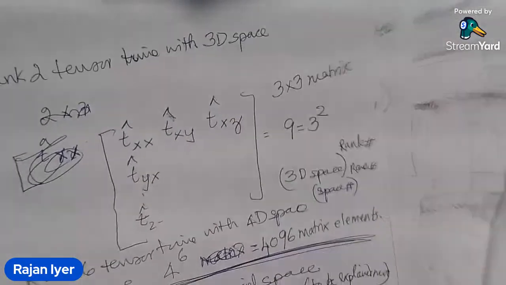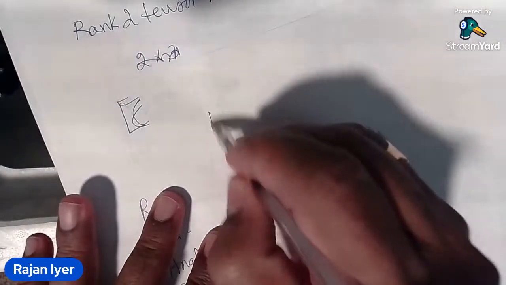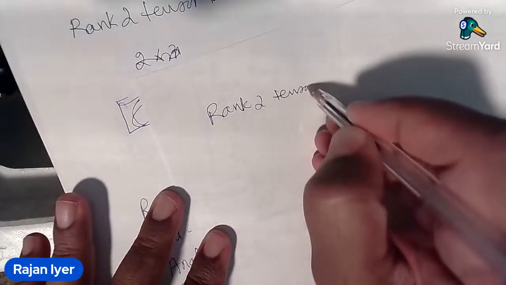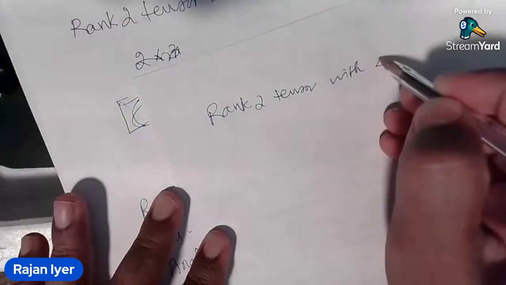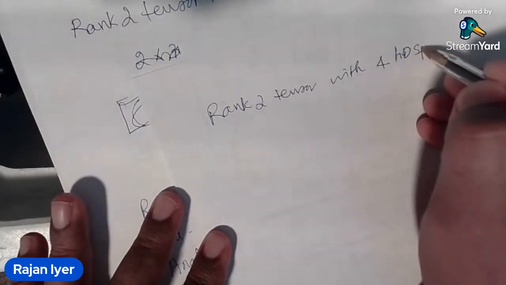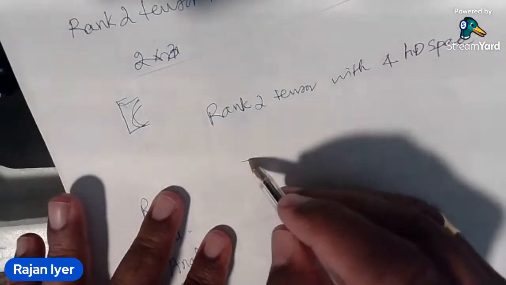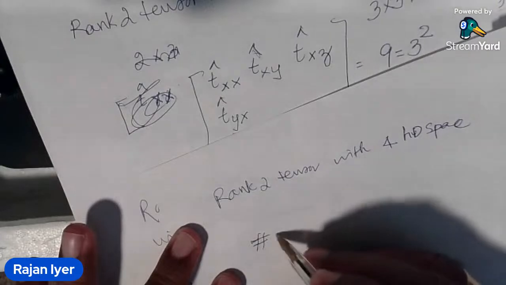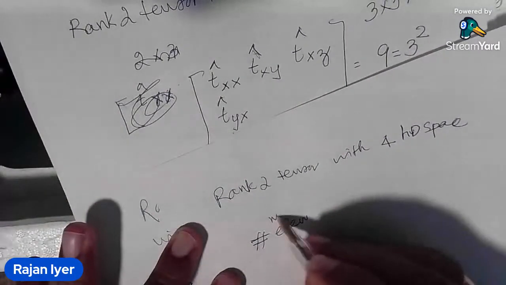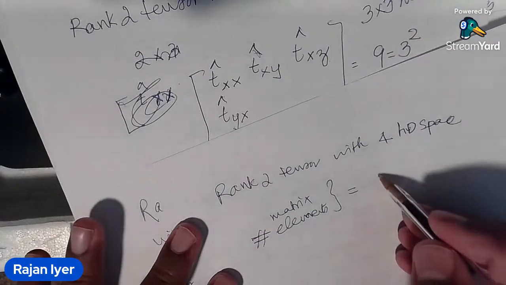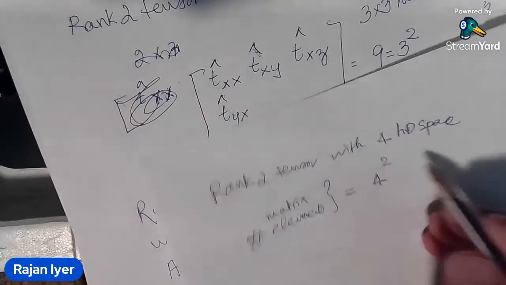So to make it simpler, let's consider a rank 2 tensor with 4D hyperdimension space. Then the number of matrix elements will be 4 to the power 2, right?